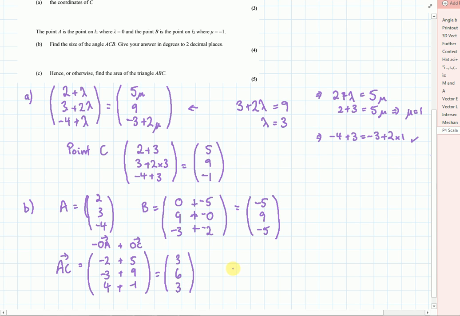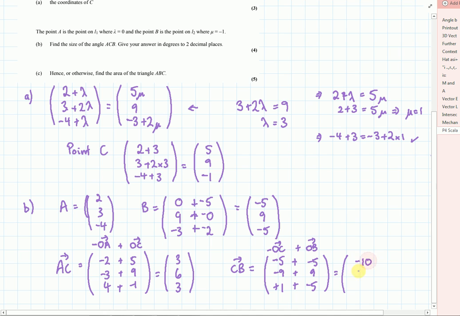And the vector BC or CB, which is going to be minus OC plus OB. So OC minus 5, minus 9, plus 1, plus B, which is minus 5, 9 and minus 5.